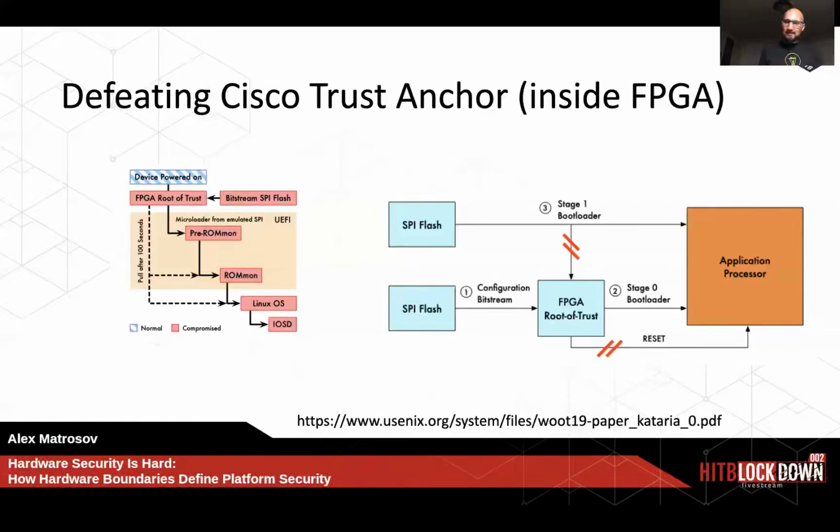In this case, if this FPGA trust anchor gets attacked, all the upper layers of the boot process will already be modified by a malicious attacker who has control of the FPGA root of trust.